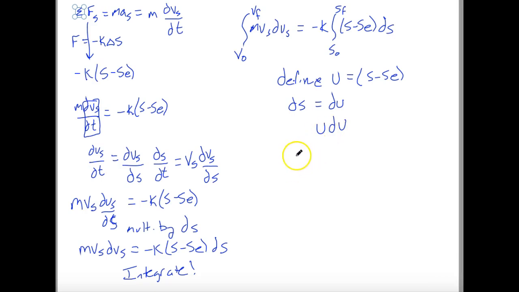Let's go through and actually do the integration now. So instead of doing this, let's do this. We know this side, when we integrate it, is going to end up being 1/2, and then we're going to have mass. And remember, your v here becomes v squared over 2, so that's where the 2 comes from.